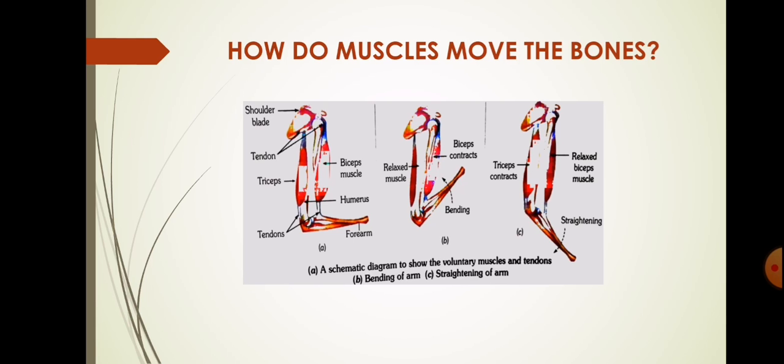Okay, we can say that several parts of our body move at the joints by the contraction and expansion, or relaxation, of the muscles. Then how does it take place?